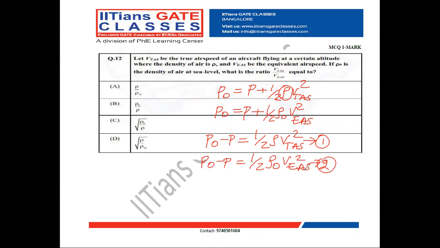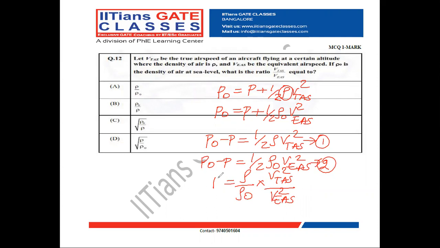Divide 1 by 2. When I divide 1 by 2, P naught minus P divided by P naught minus P will become 1, and the half will get cancelled off. So it will become rho by rho naught into V true airspeed square by V equivalent airspeed square.